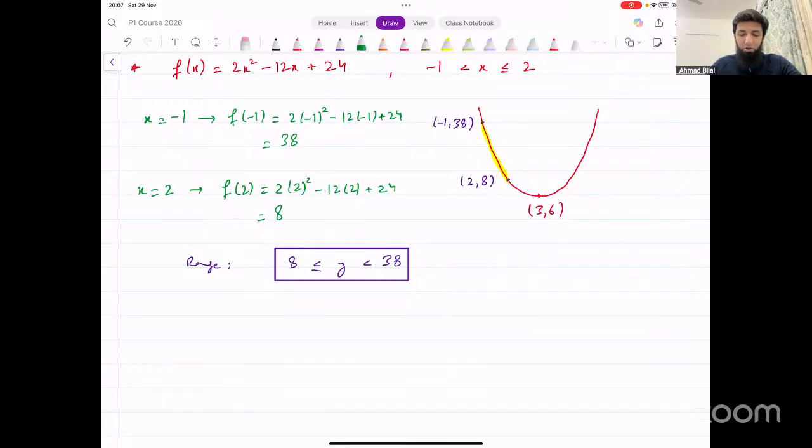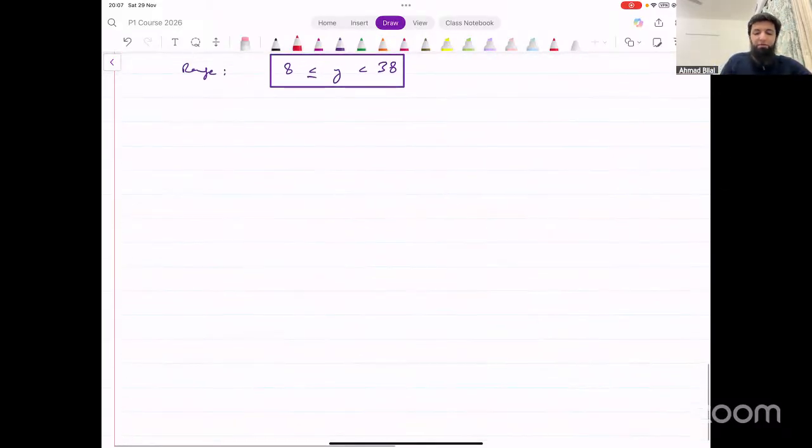This will be common in all of them, that there are two kinds of points that we look at. Let me write that down.